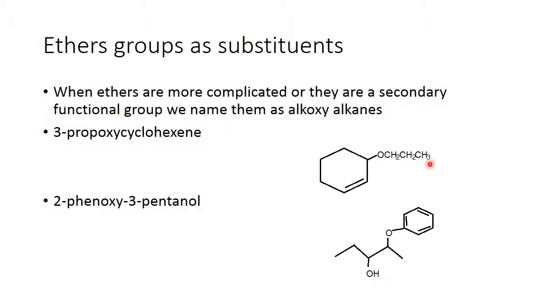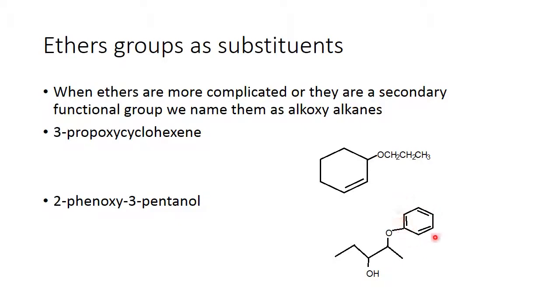As a substituent, because it has 3 carbons, we name it prop, and then because it's an ether, we put oxy after it. It's on the number 3 carbon, so we actually call it 3-propoxycyclohexene. If it was a methyl group on the oxygen, then we would have called it 3-methoxycyclohexene.